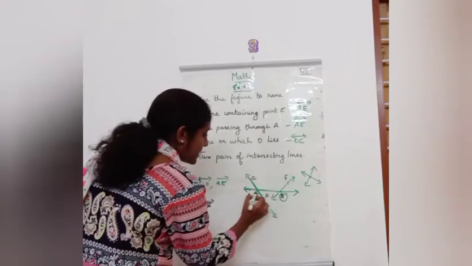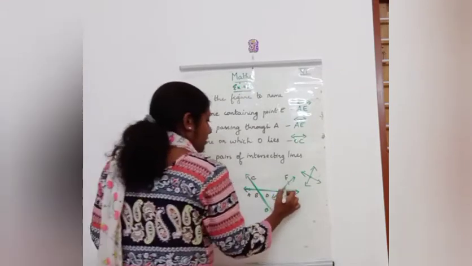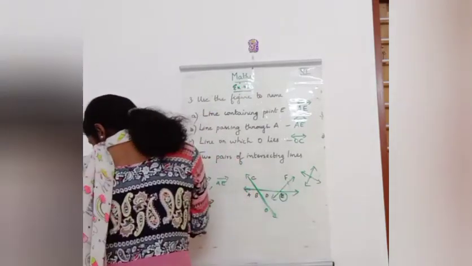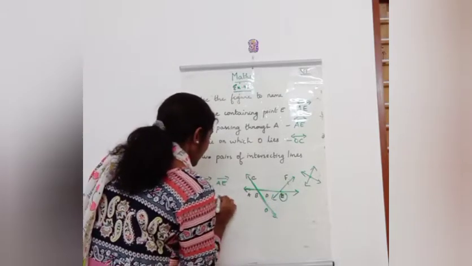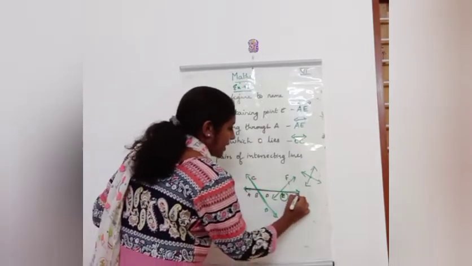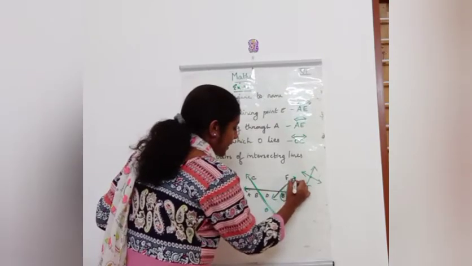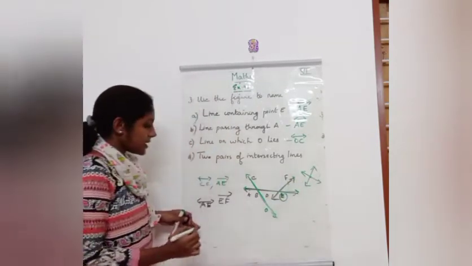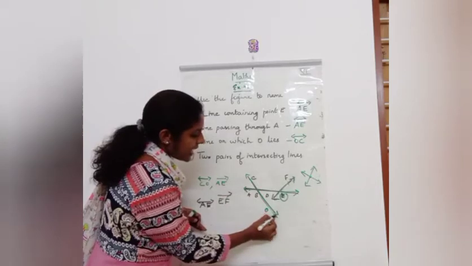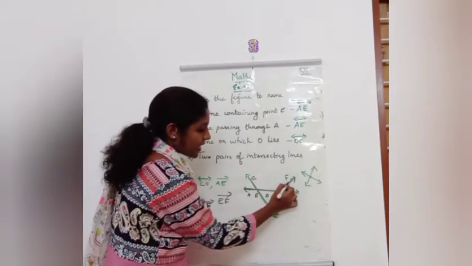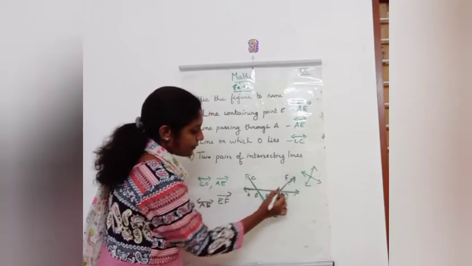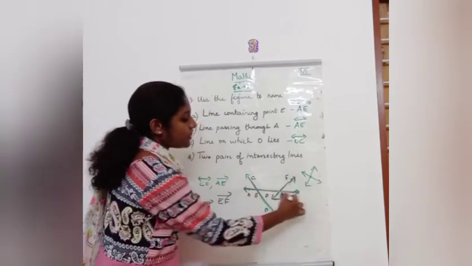And same like that, let us mark AE. DF is an intersecting line. Then EF is an intersecting line. This line AE and this line EF are intersecting lines. Is it? So CO is an intersecting line with AB. Same like that, DEF and AE are intersecting.